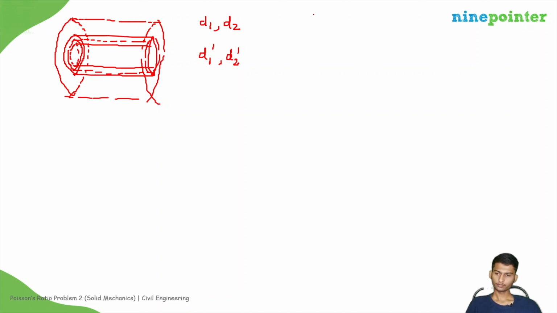We know epsilon is 781 into 10 power minus 6, and from that we get nu equals minus epsilon dash by epsilon. As we know epsilon is negative because it is compressive, epsilon dash will be positive. So let us take all positive, then epsilon dash will be equal to nu into epsilon.